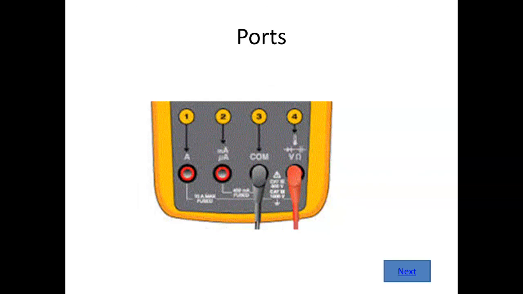The black color is your common port and this red is for connecting, means this is the positive. Capital A specifies a large current measurement. This is for microamps as well as milliamps. Voltage you can measure from here, ohms is specified here, and a diode and connectivity check are also there. This is regarding your ports.